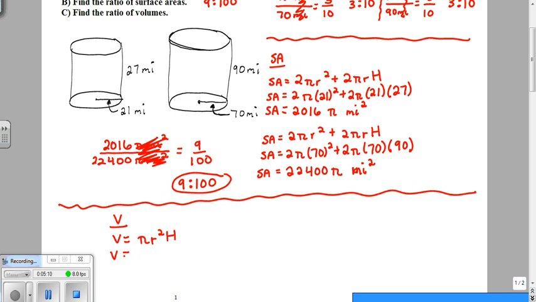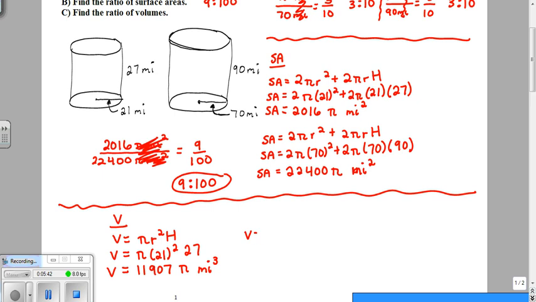So for my smaller cylinder, I have pi times 21 squared times the height of my cylinder, which is 27 miles. Again, don't be afraid of large numbers. We can leave it in terms of pi. We have 11,907 pi miles cubed this time.